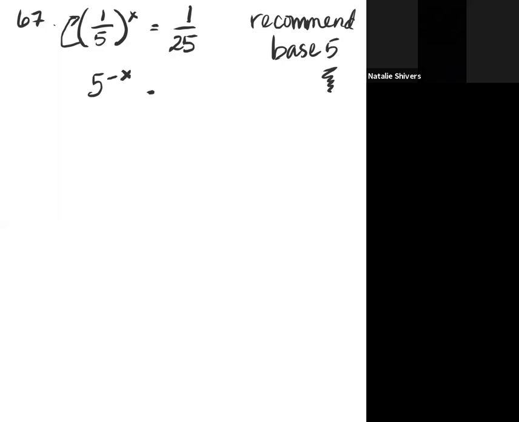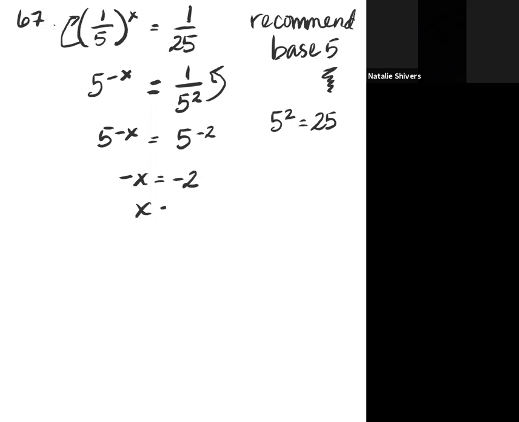So I already have the left one fixed. The right one doesn't have a 5 in it yet, but I can make it because 5 squared equals 25. So I can change this into 1 over 5 squared. And then I can take it back up top. So 5 to the negative x equals 5 to the negative 2. Negative x equals negative 2, and x equals 2.